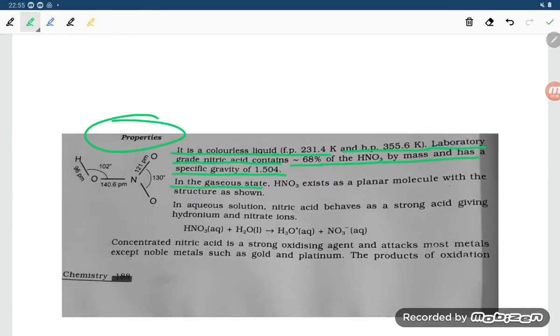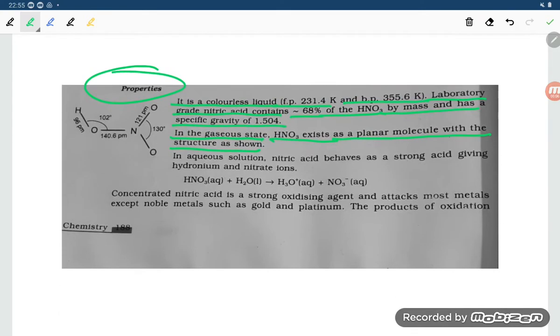In the gaseous state, HNO3 exists as a planar molecule. In aqueous solution, nitric acid behaves as a strong acid, giving hydrogen and nitrate ions: HNO3 plus H2O gives the hydronium ion plus nitrate ion.